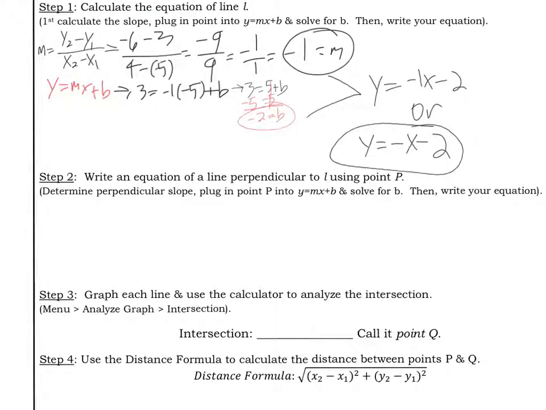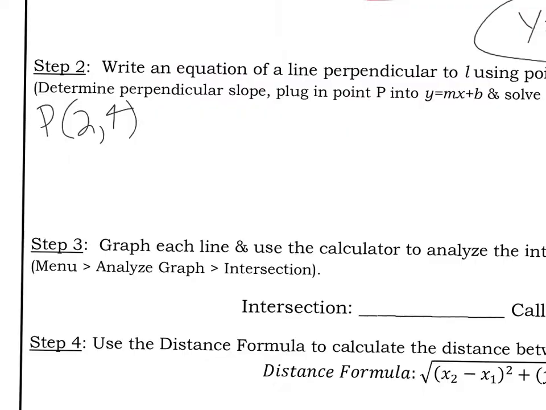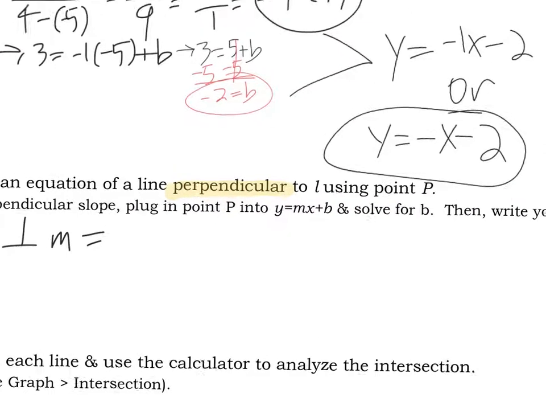Step 2 is to write an equation of a line perpendicular to line L, using point P. We were given point P up here, (2, 4). The line needs to be perpendicular, meaning your slope needs to be perpendicular. The previous slope was -1, right?